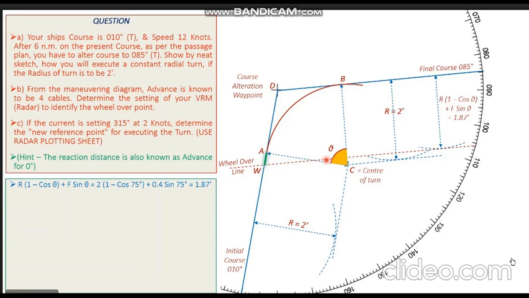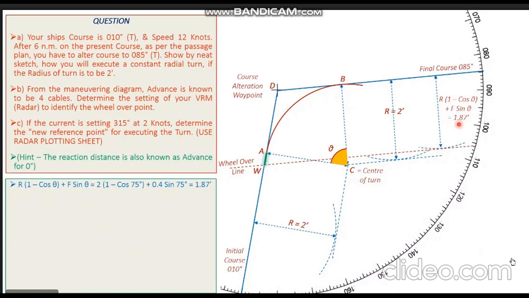But if you are in deeper waters, open seas, and the curved path of the ship is not required to be shown on the chart, in that case, you can calculate this distance using the formula R into 1 minus cos theta plus F sine theta and draw a line at this particular distance from the final course line which is parallel to it.